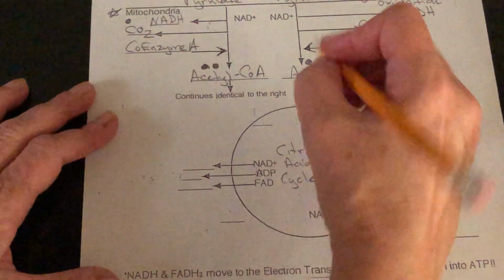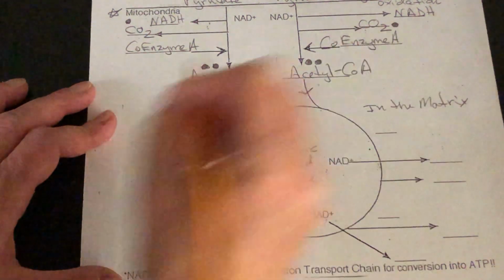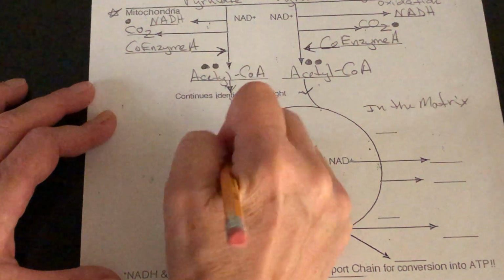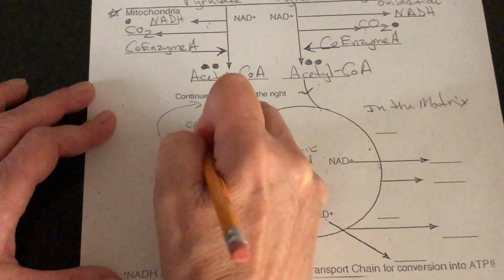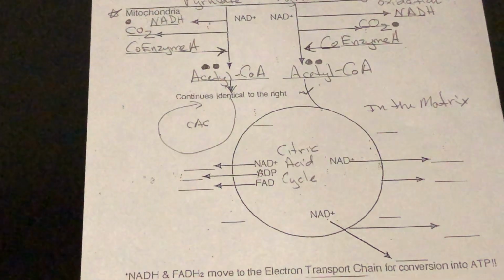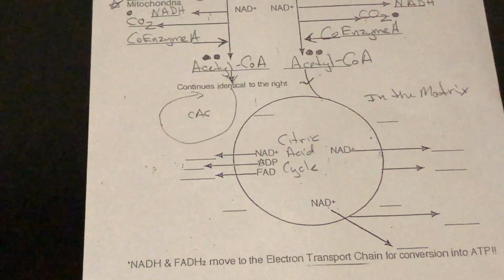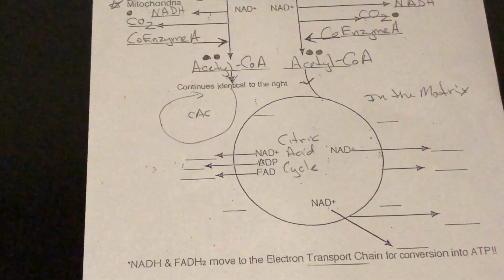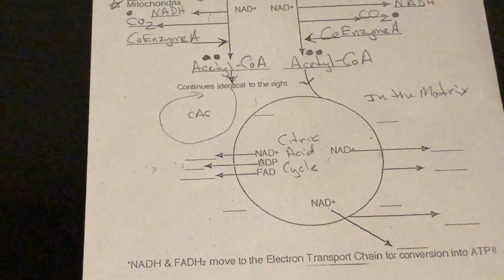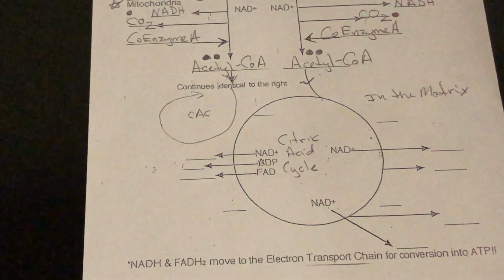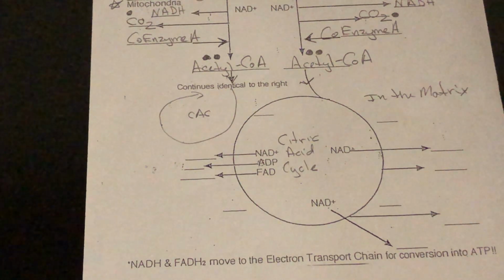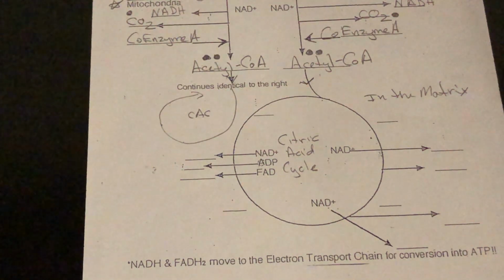And so everything that's happening on this side here is going to happen on this side here. You're going to have another citric acid cycle here because each one of those acetyl-CoAs has to enter the citric acid cycle and be completely disassembled. So I like to think of these chemical cycles, and I picture in my head a merry-go-round.